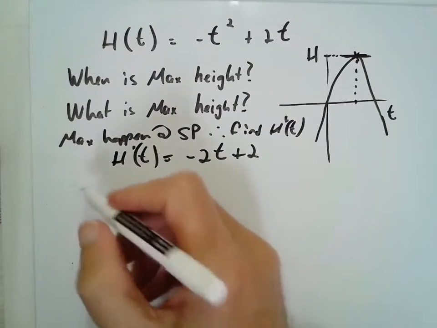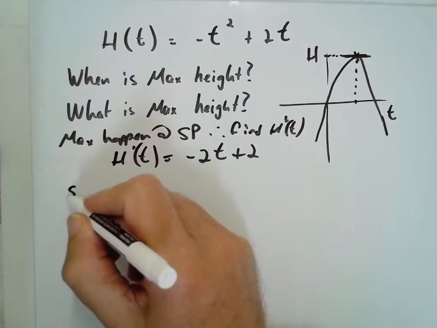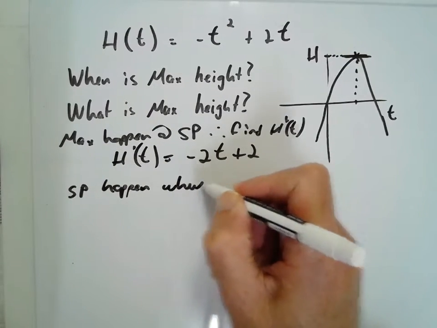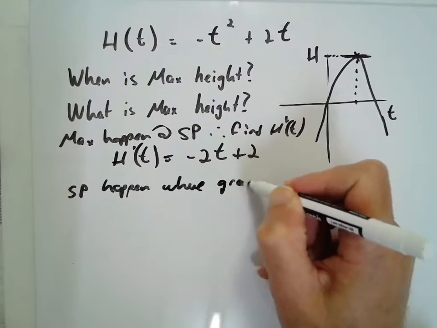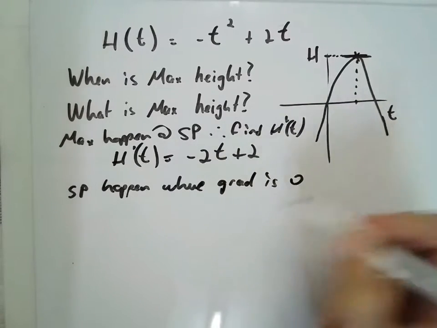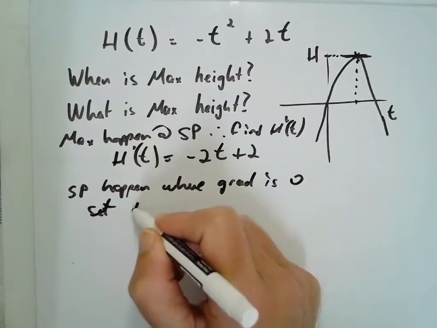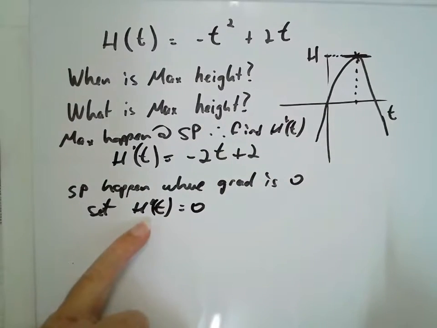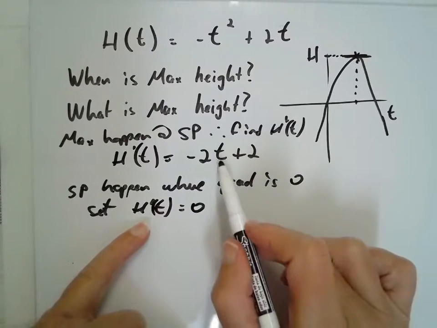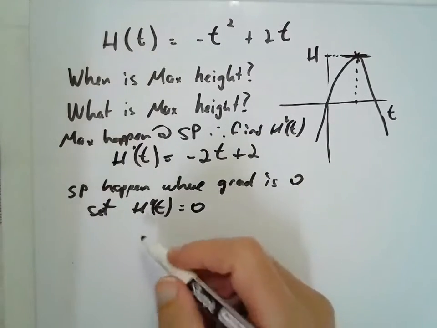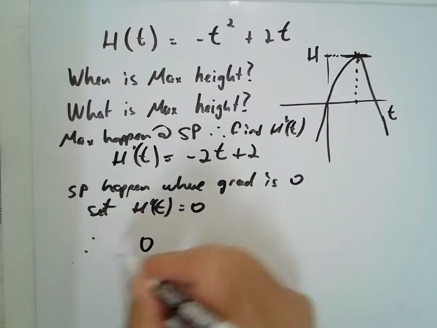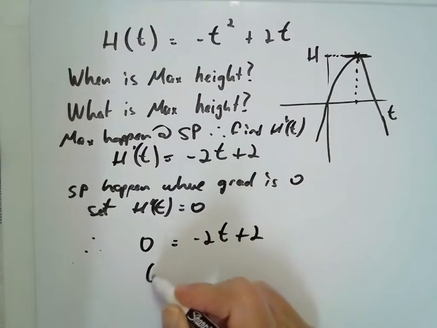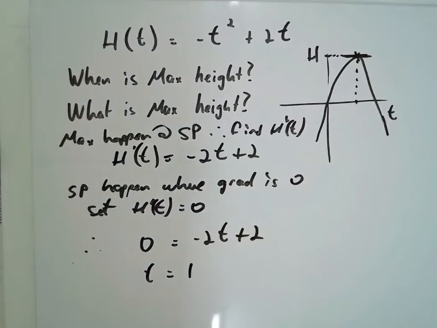We further want to say that stationary points happen where the gradient is 0, so set the derivative function equal to 0 to find what the t value is where the slope is 0. So we get 0 equals minus 2t plus 2, t equals 1.